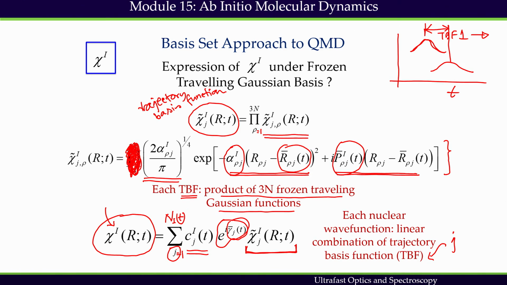Whenever we get the phase, it means I have multiple trajectory basis functions, and the question is how different trajectory basis functions are internally related. Their relative propagation information is hidden in this phase factor.